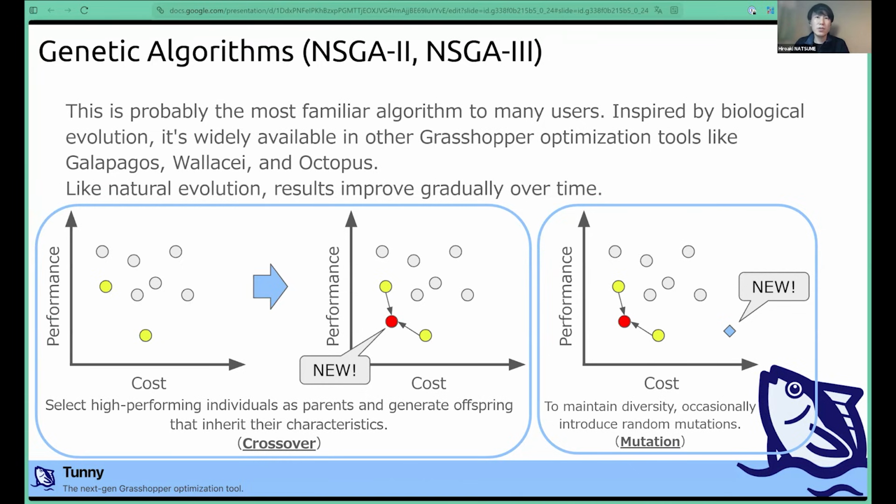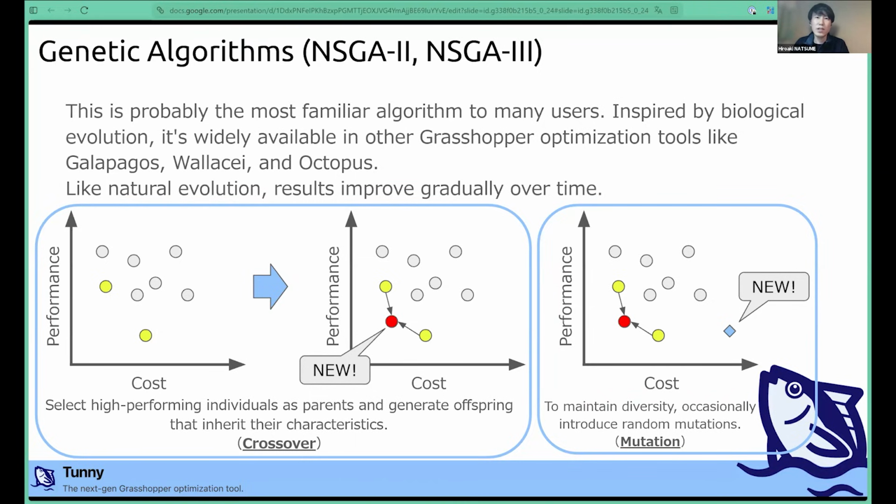Like natural evolution, results improve gradually over time. This method improves optimization results with each generation. Good traits are passed from parent to offspring.